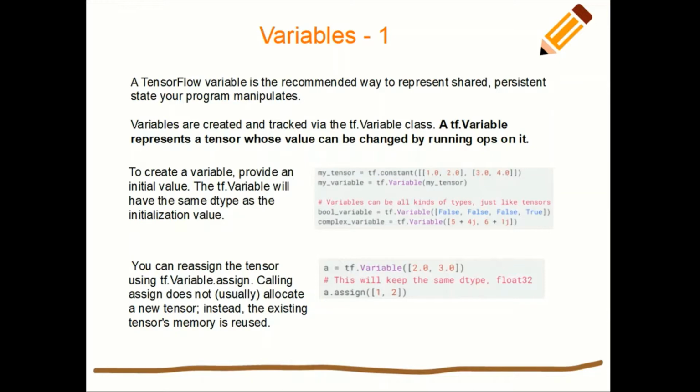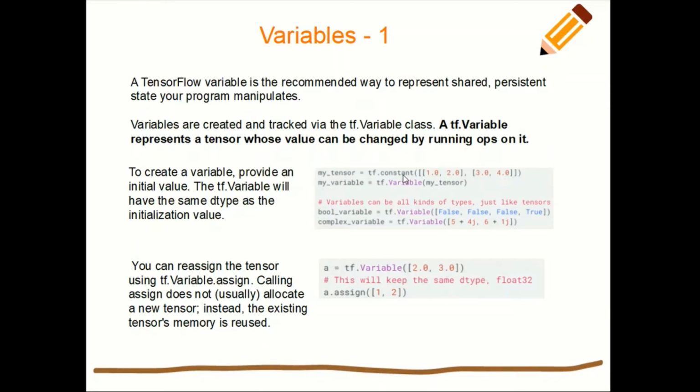Now let's go to some examples. In this case, you can see the constant is created through the tf.constant statement. It's a 2 by 2 matrix that we are creating.